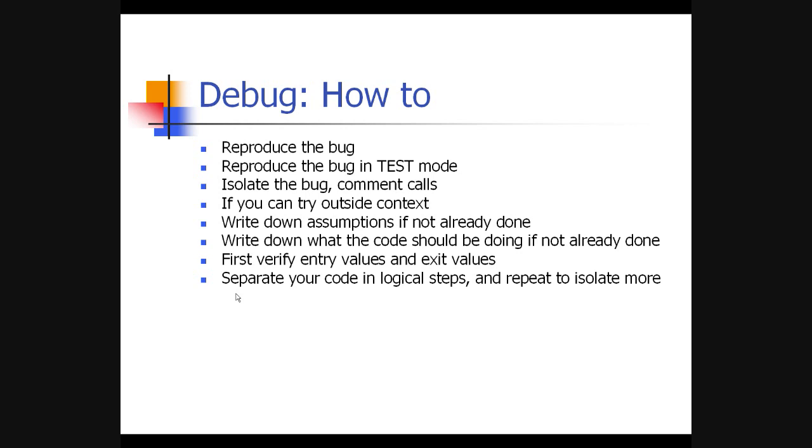And if you realize that entry values are correct, exit values are not, it's somewhere in between that you have a problem. So at that point you're going to separate your code in logical steps, which should already be done by all the comments and algorithms written in the code, and you're going to repeat the same process.